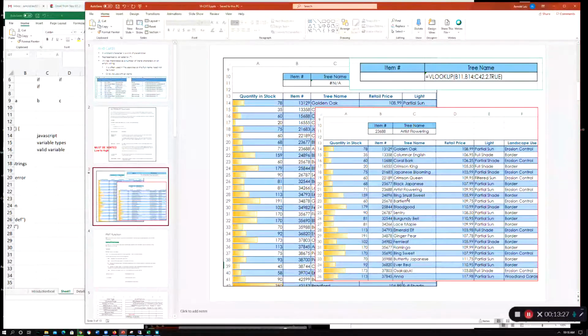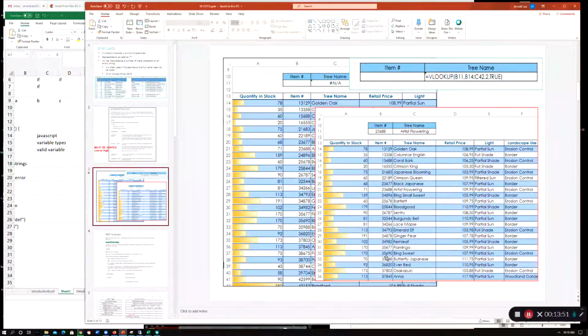If I had to draw an analogy, you can think of this table as sort of like a database, right? And you're just looking things up in the database. In this case, it's a tree. It could be looking up a food item, or whatever you have in inventory, getting all the relevant information related to that item.